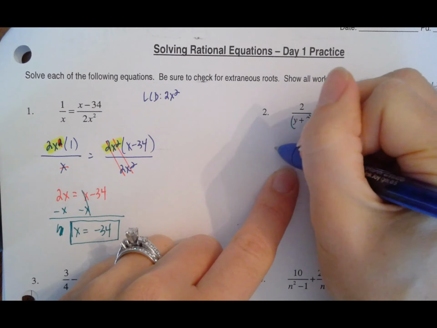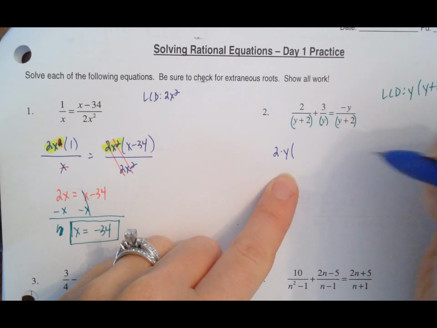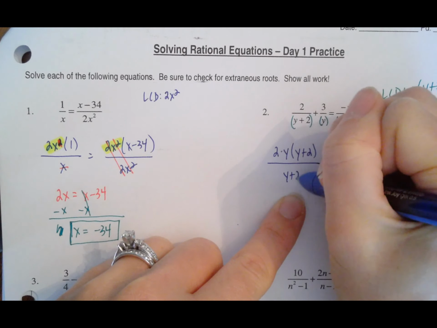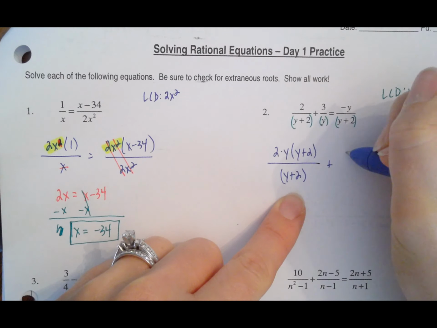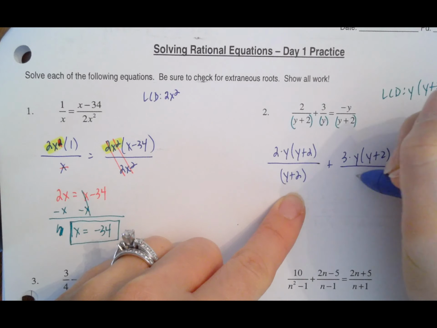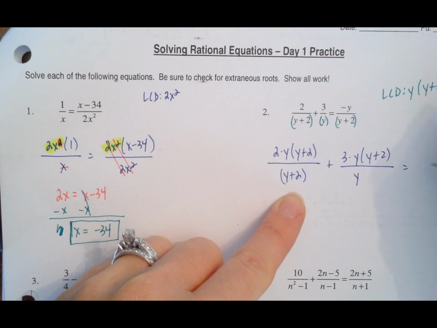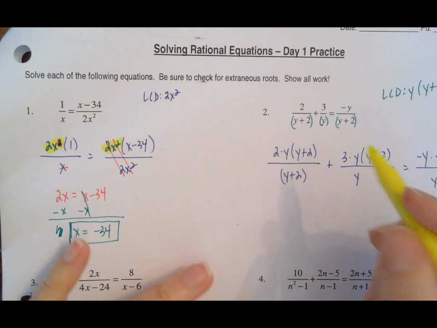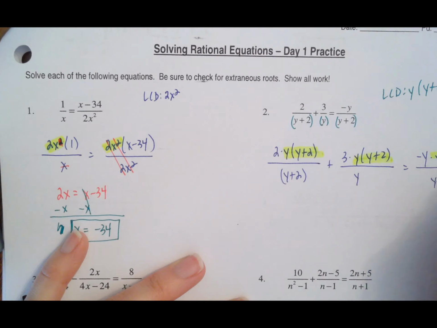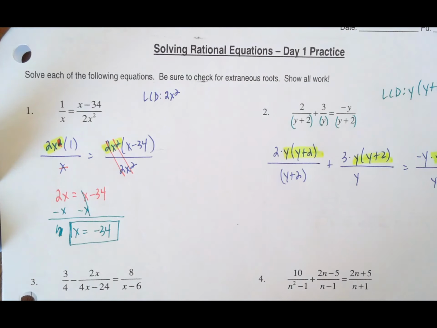So up here, we're going to do 2 times a y and a y plus 2 over y plus 2 plus a 3 times a y and a y plus 2 is equal to a negative y times a y and a y plus 2. So again, each numerator has gained a y and a y plus 2, and everything else is the same.